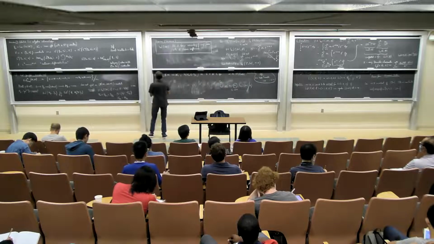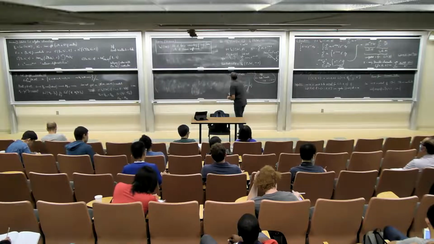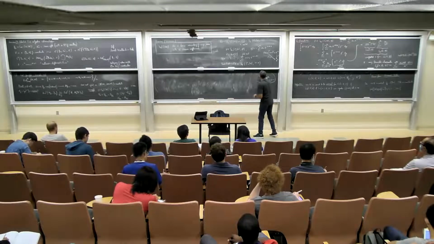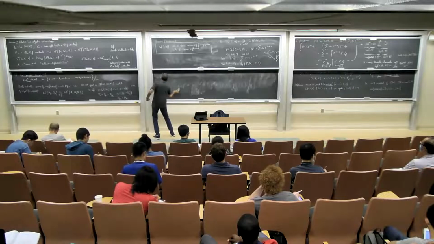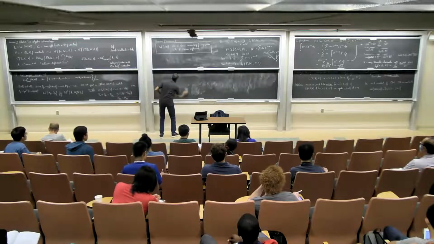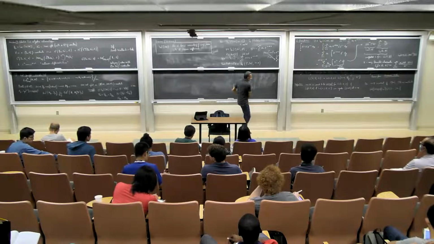Now I have all the ingredients to state Shimura's theorem. It goes back to Manin for modular forms for SL2(Z), and Shimura in general. This theorem deserves a really clean board.